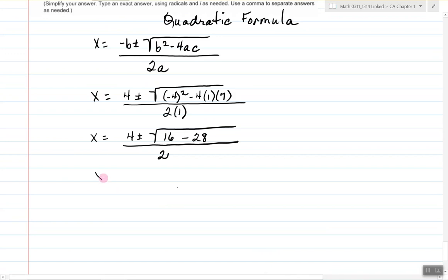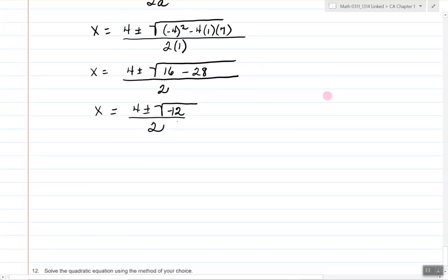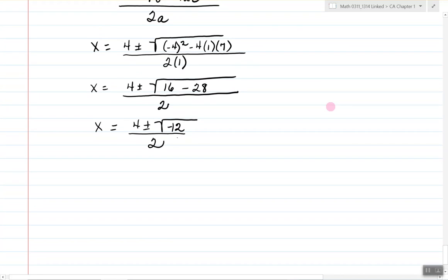So I have x is equal to 4 plus or minus the square root of, this will give me negative 12 over 2. And by the way, if I had wanted to take a minute to determine the discriminant based on A, B, and C, I would have gotten this negative 12. I'm just pointing that out. I doubt that anybody, just out of curiosity, had done that.